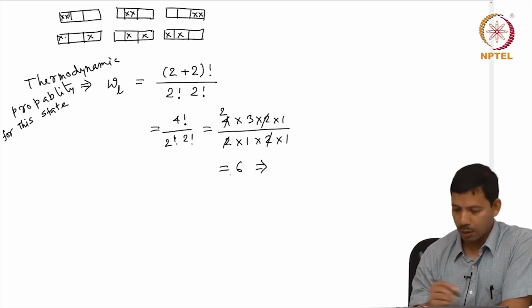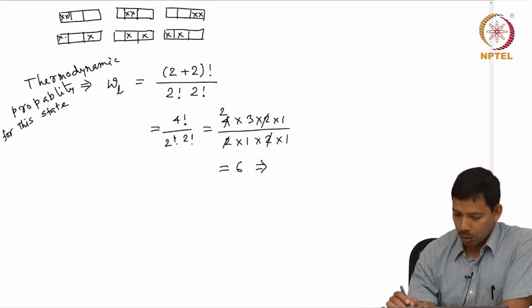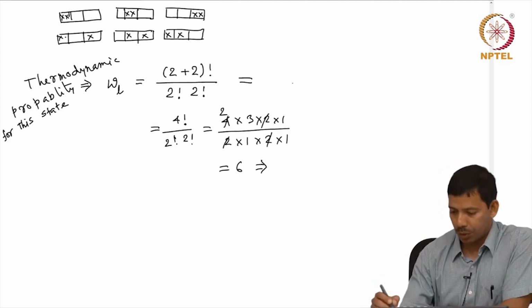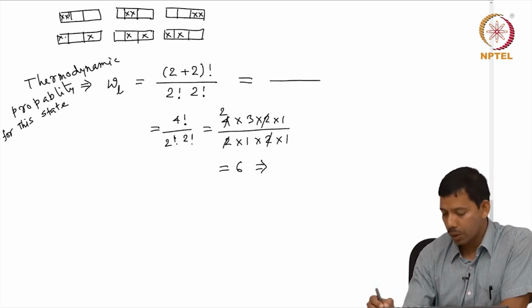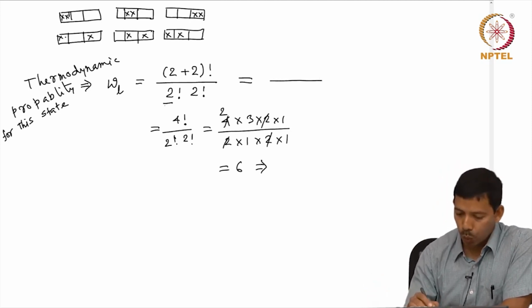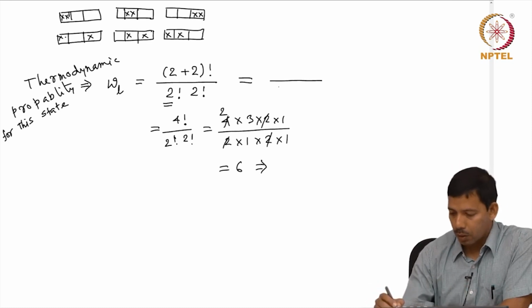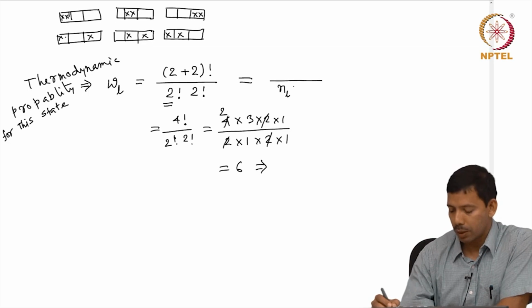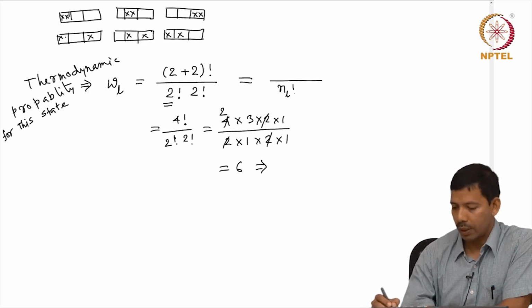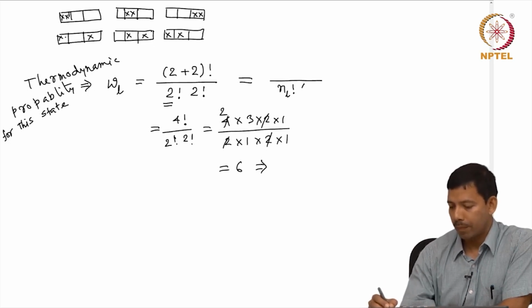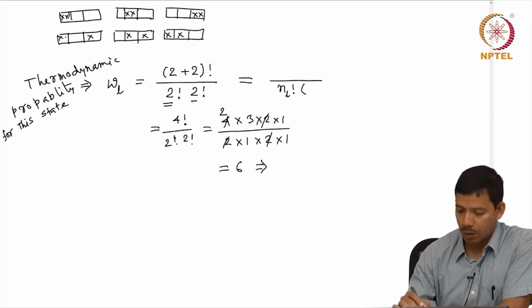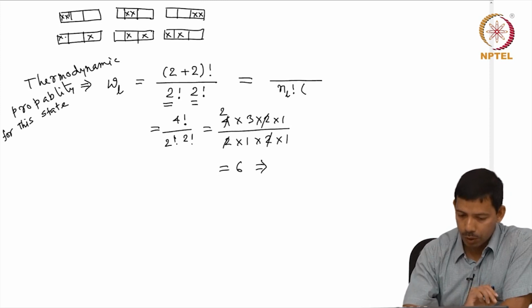So it matches, right? But can we generalize this expression we have written? Yes, we can. Here my 2 was the number of particles, which is NL in that particular energy level. So we can write NL factorial. The second term is the number of partitions. Here it is 2 because it was 3-fold degenerate.